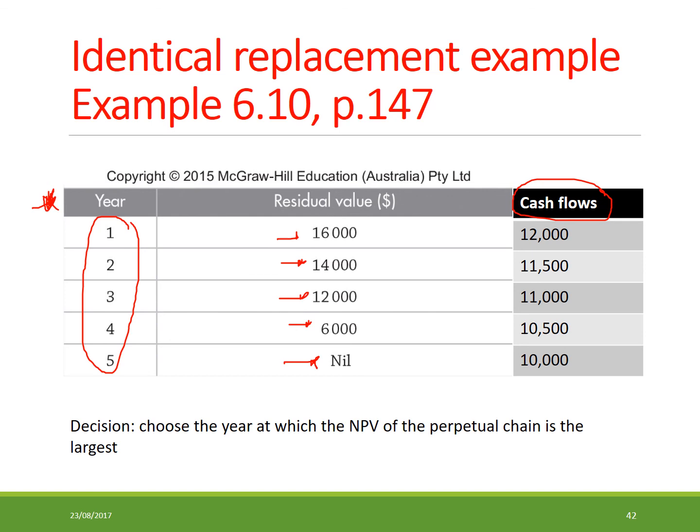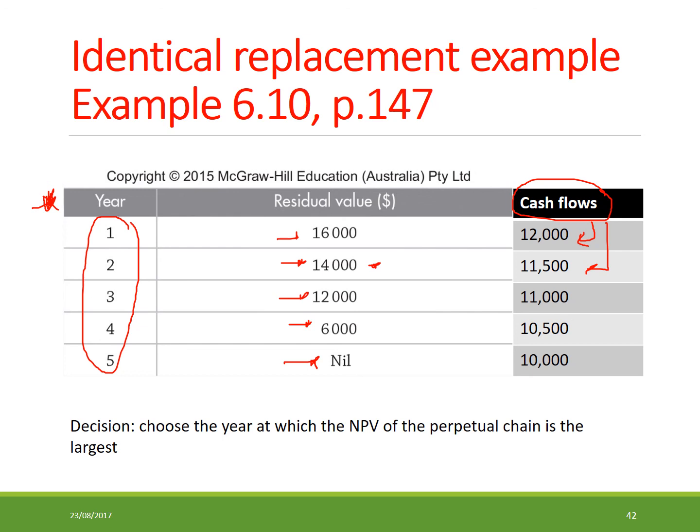So if we run the machine for 1 more year, we generate 1 more cash flow, and by the end of year 1, when we replace the machine, when we sell the old machine, we get $16,000, right? If we run the machine for 2 years, we get 2 cash flows. The first one being $12,000 in year 1, the second one being the $500,000 in year 2. And when we sell the machine, we get $14,000, so on and so forth, right?